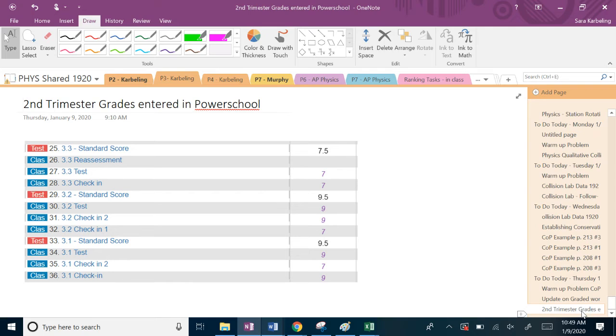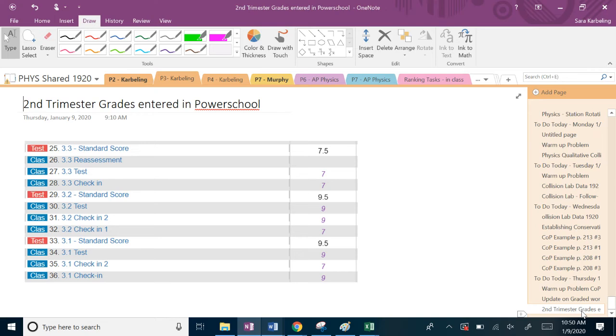Okay, so during break, I sat down and carved out a couple hours, and I just entered all of the things in there. It's just tedious. Okay, so there's a lot of stuff that's empty, and I don't want you to be upset about that. Okay, the 3.1 stuff is not empty because we've done things. So if you look down here, we've got the 3.1 check-in, the 3.1 check-in number 2, and then the 3.1 test. There were 3 things to do.